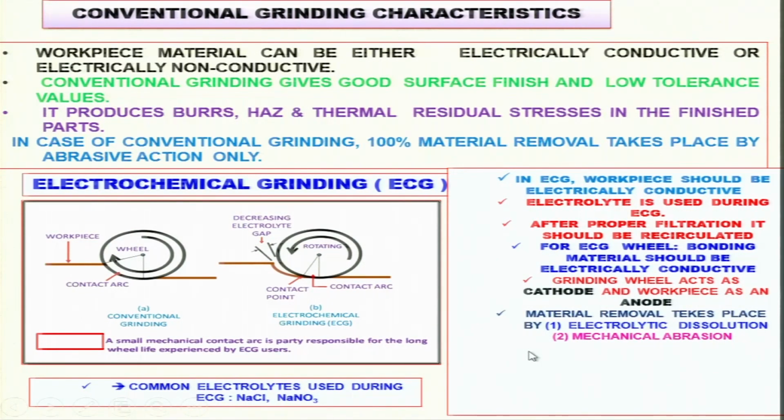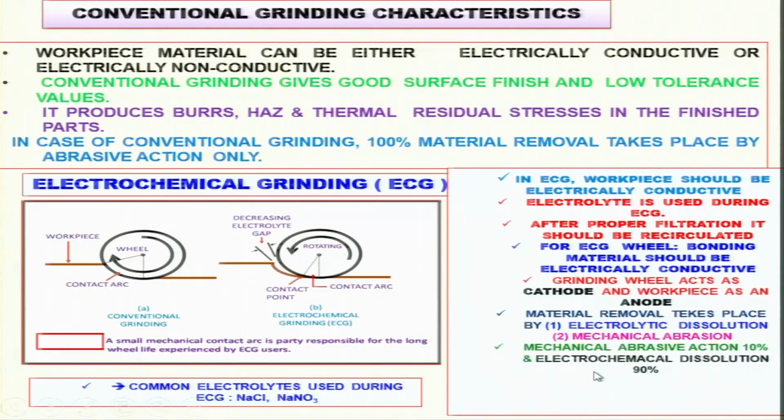Material removal takes place by electrolytic dissolution and mechanical abrasion, which is taking place over here. The material removed by mechanical abrasive action is around 10%, and the remaining 90% of material is removed by electrochemical dissolution, based on the electrochemical machining principle.